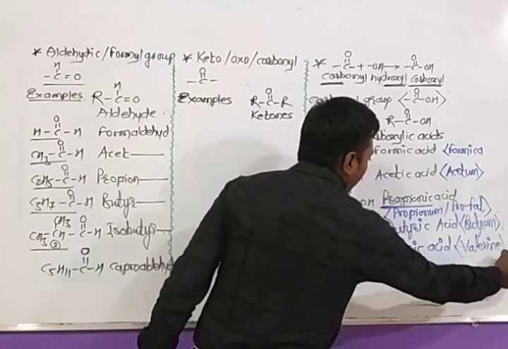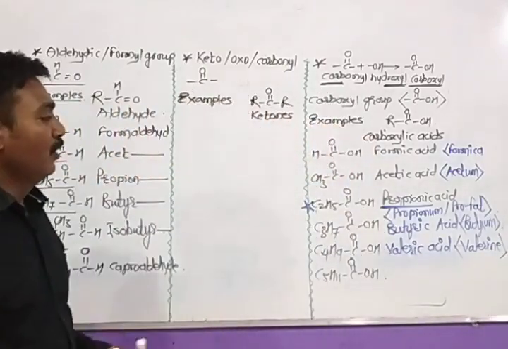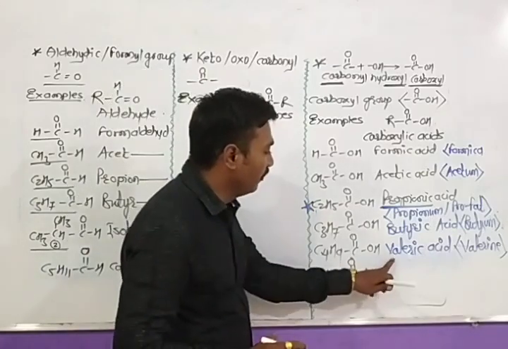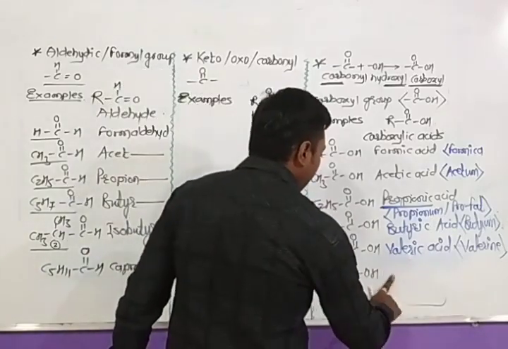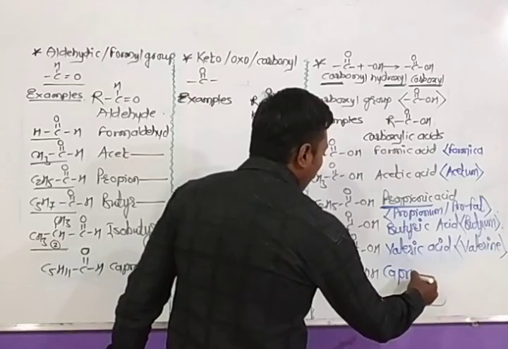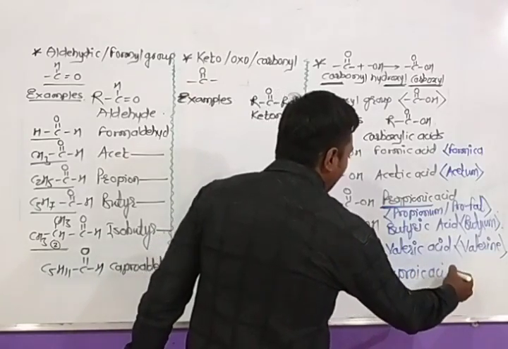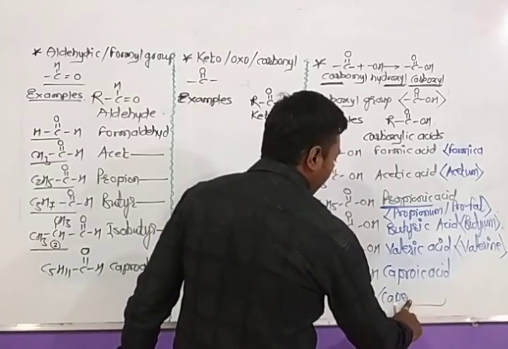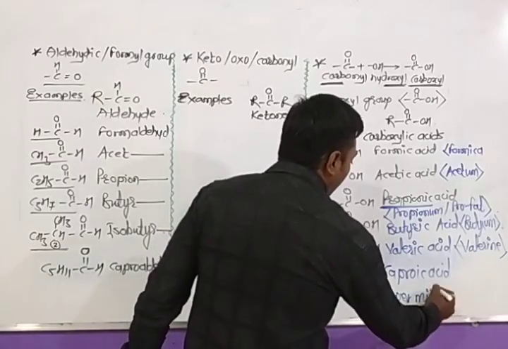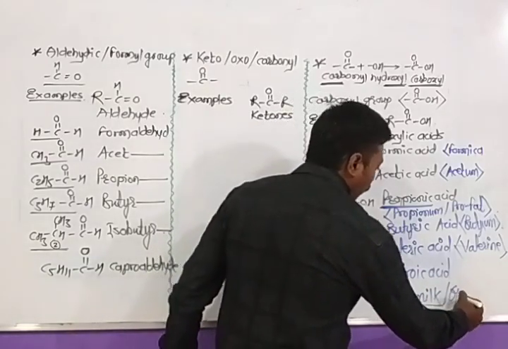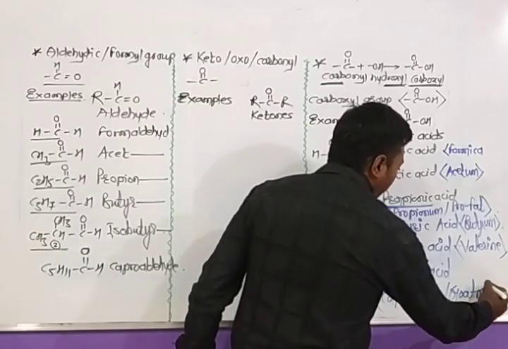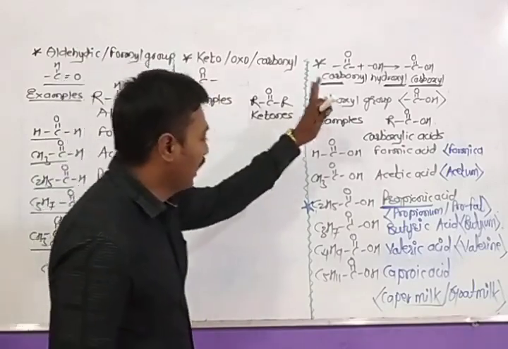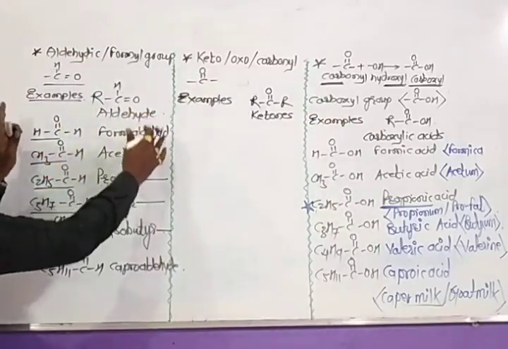This acid is present in the roots of the valerian plant. Therefore, it gets the common name valeric acid. And this acid has the common name caproic acid. This acid is present in caper, that is goat milk. Therefore, this acid gets its name caproic acid. This is all about carboxylic acid, and this is all about the aldehyde.